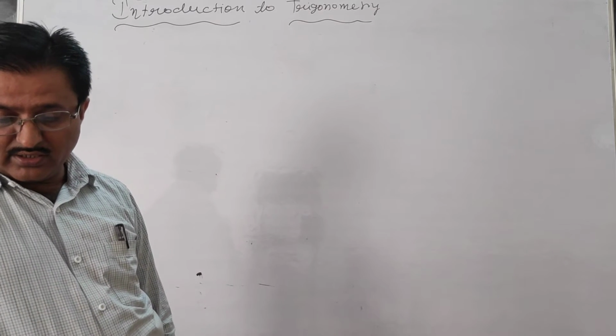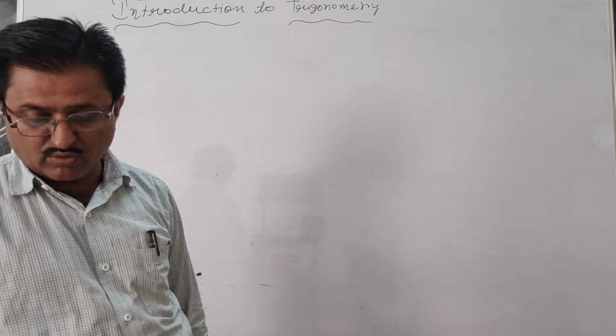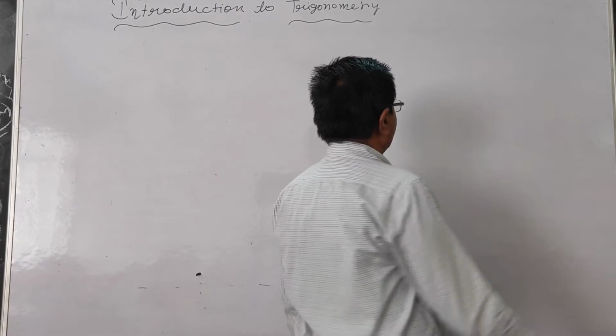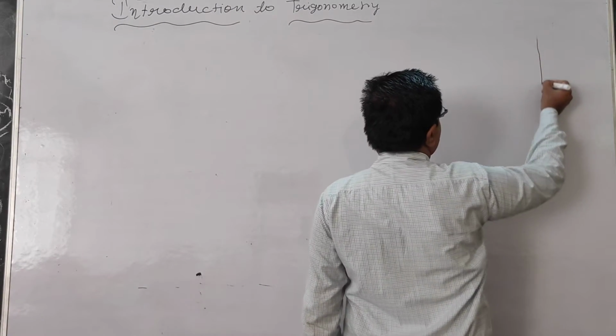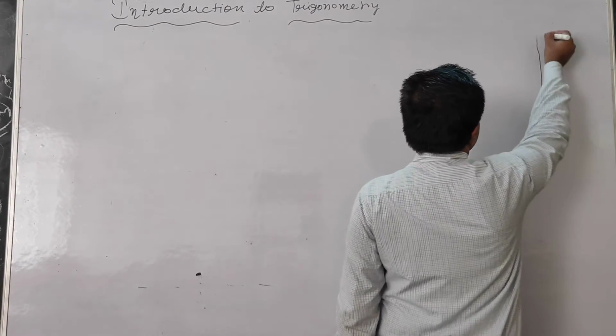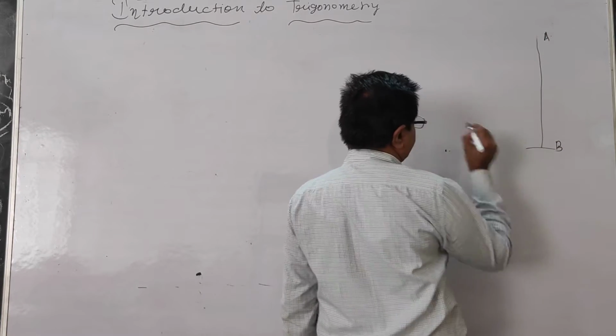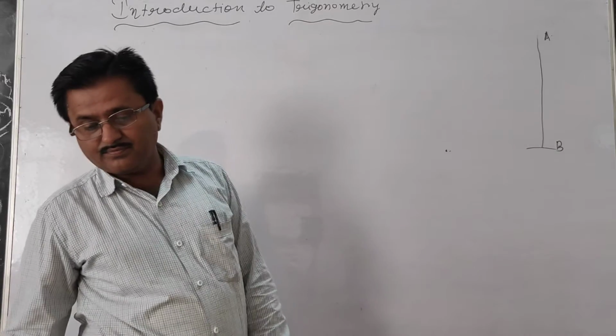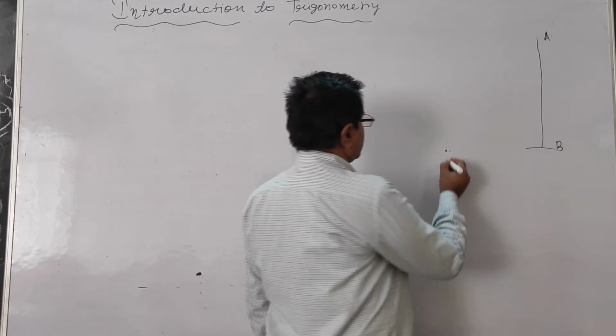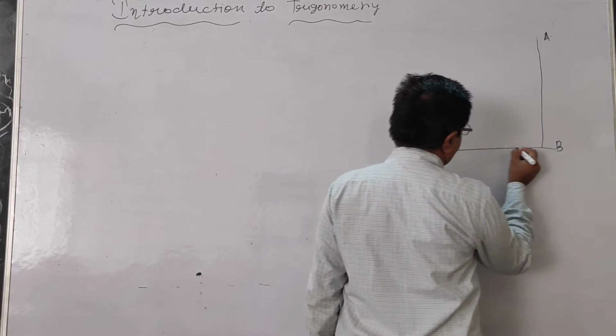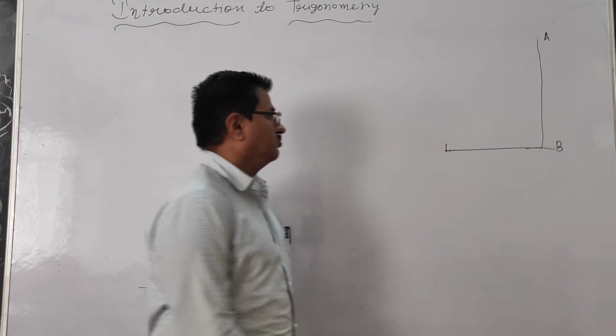As you know, a student of a school is visiting Qutub Minar. Suppose this is the Qutub Minar, and the student is standing at this point. There is a distance between the student and the Qutub Minar.